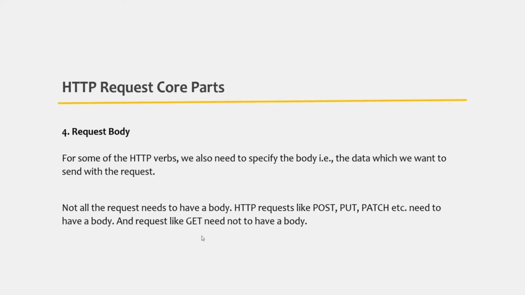But if we don't set any headers, then the client will automatically set some default headers for that request. And finally, based on the HTTP verb we are using, we might also need to specify the body for that request. If a request is a POST, PUT or PATCH request, then we also need to send some body with that request.